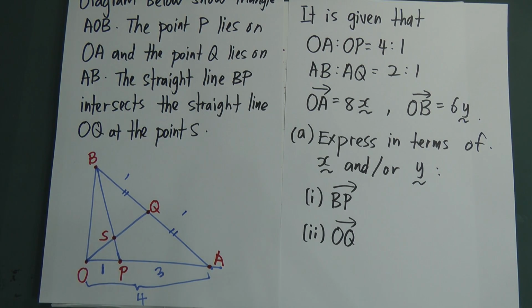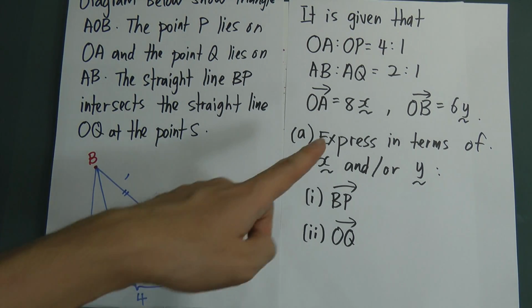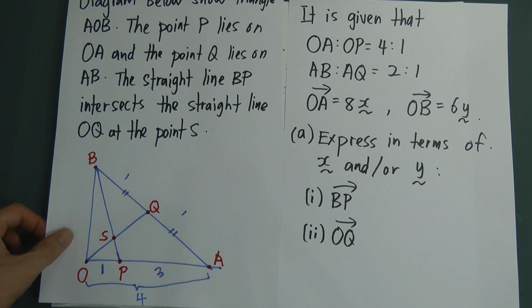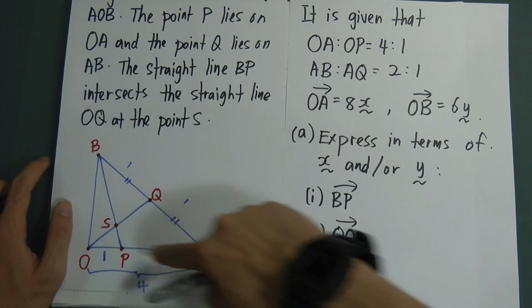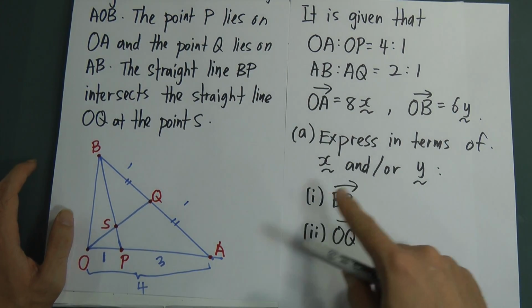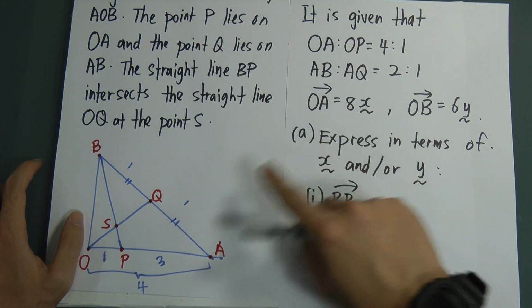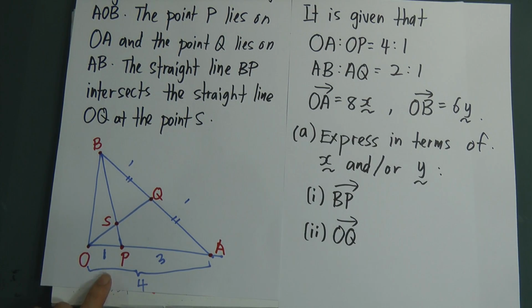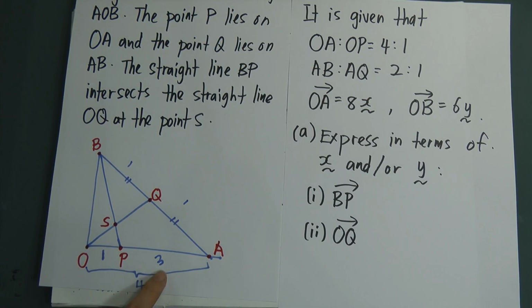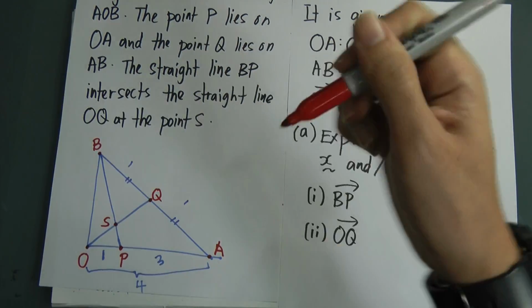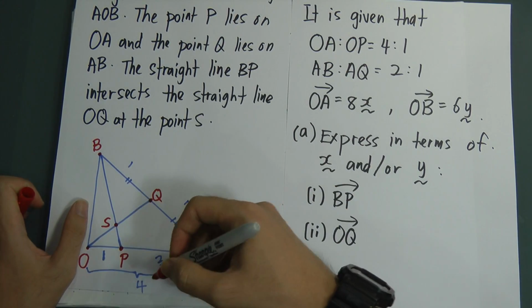And then he gives you some information. OA is x. So the whole thing is x. If we divide into the 4 parts, the ratio 1 over here will be 2x. This one will be 6x. Okay, so I just write over here.